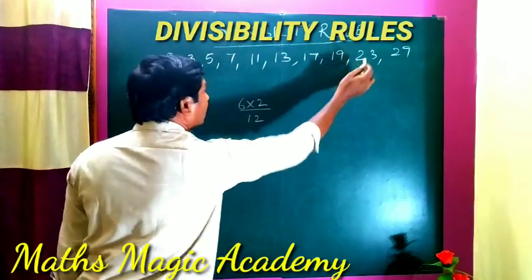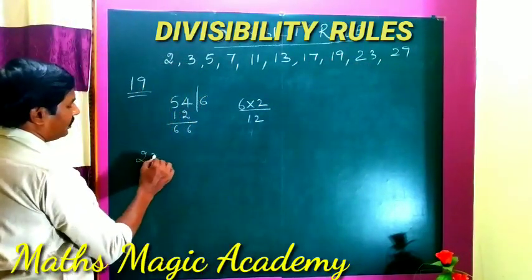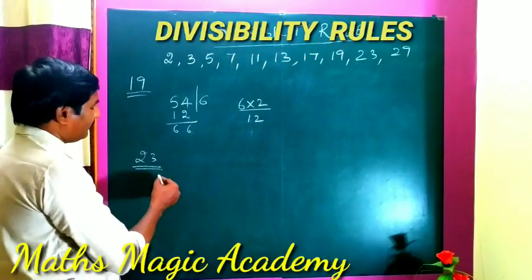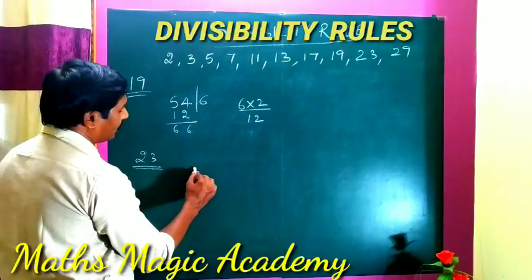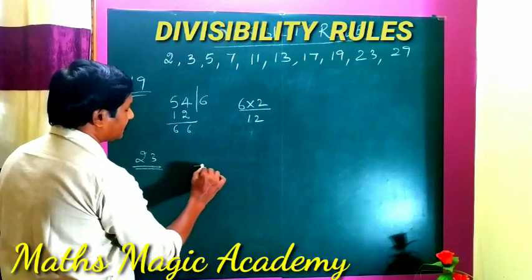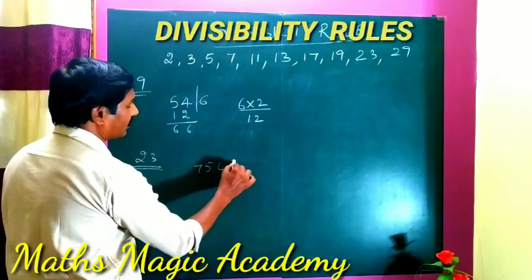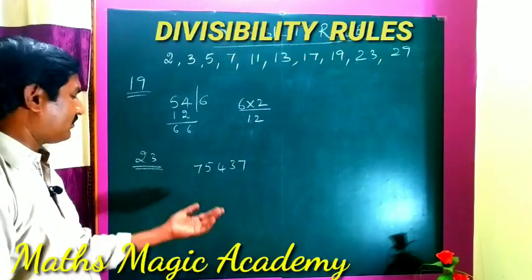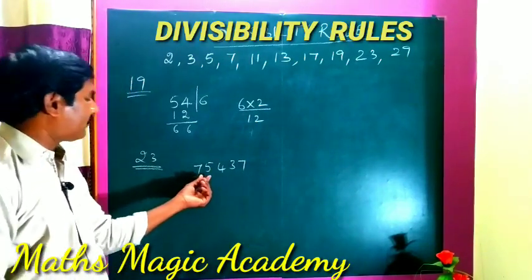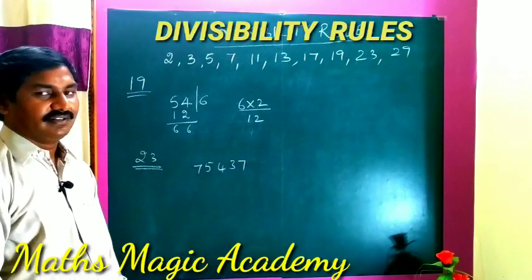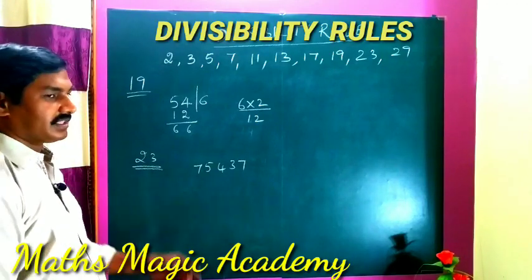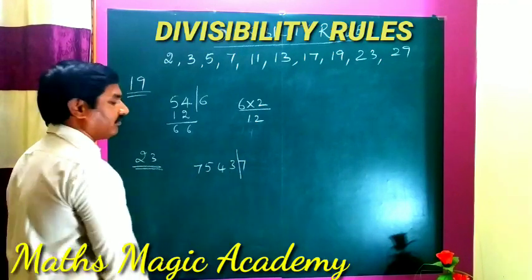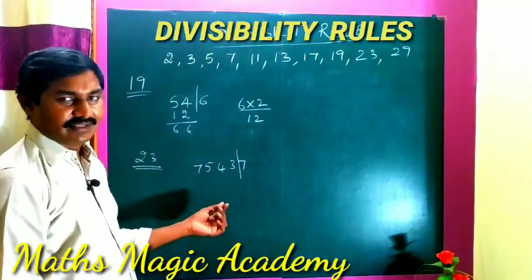And let us go for the divisibility rule of 23. For this 23 also, if we take a number 75,437, is this number divisible by 23 or not? We have to verify. For this also, we follow the same pattern.